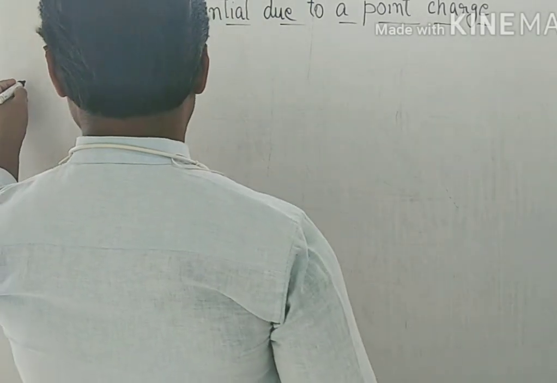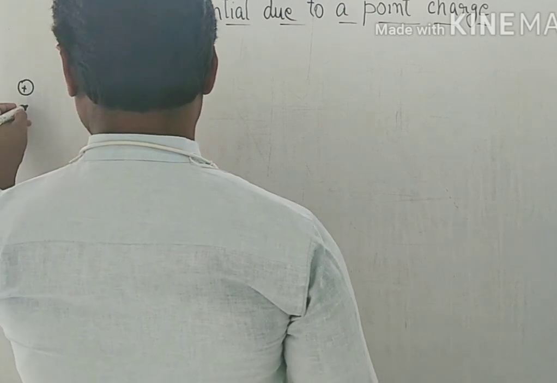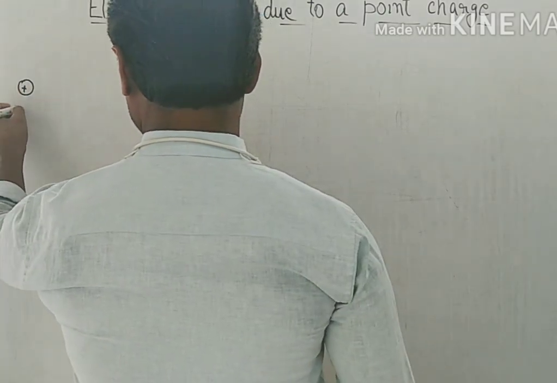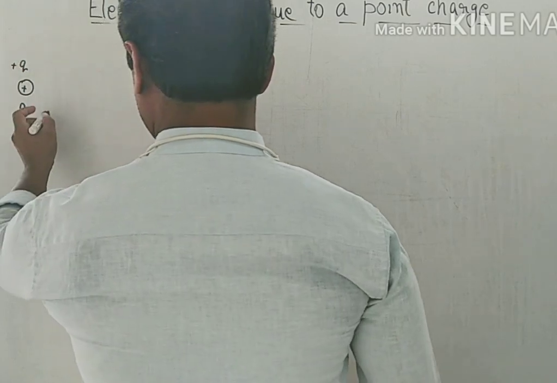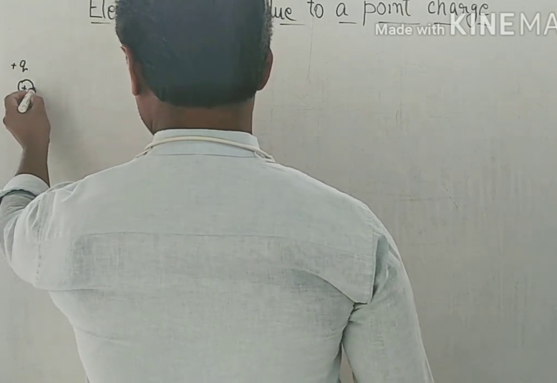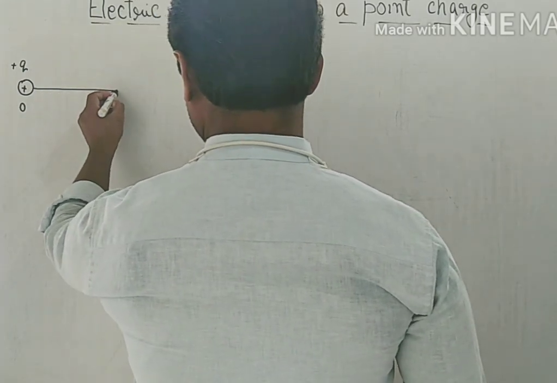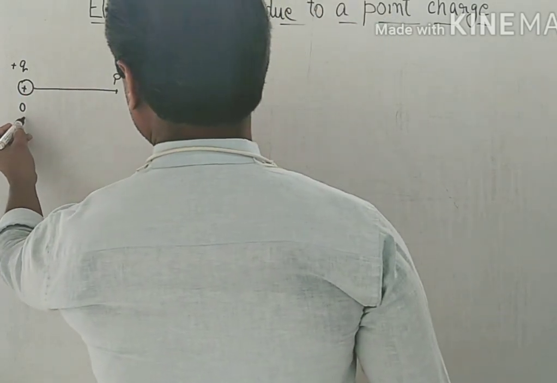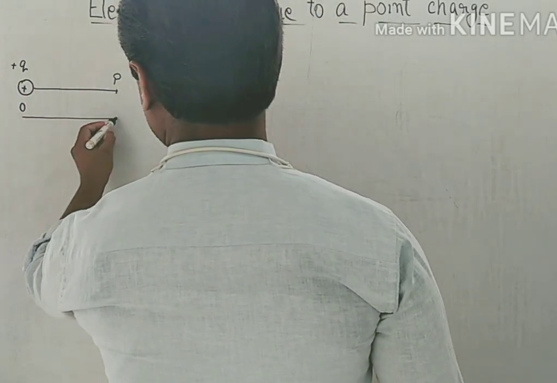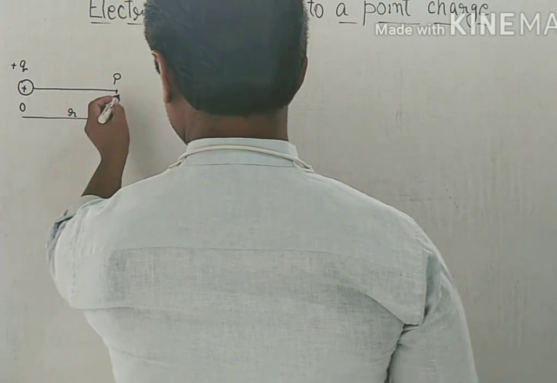So here, suppose we have an isolated positive charge as the source charge situated here at O, and let this be plus Q, and at a certain point P we want to calculate the potential. The distance of this point P from the source charge is small r.